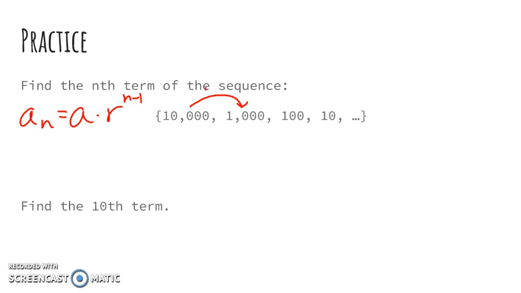But that's not what we're going to say. We're going to say that we're multiplying by 1/10. From 1,000 to 100, I'm dividing by 10, but that's not what we're going to say. We're going to say we're multiplying by 1/10. From 100 to 10, we're multiplying by 1/10. You cannot put division. Okay? My R value for this is 1/10. 1/10 has to be my R value.